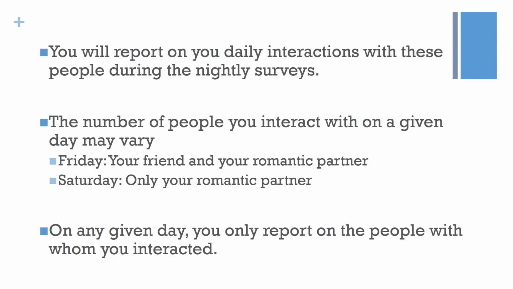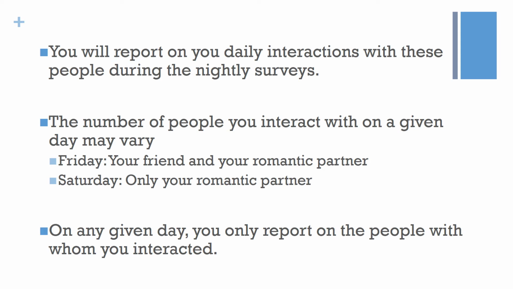So, each night you will receive an email to remind you of your survey. The email will provide a link that you may click on to access your daily diary survey for that night. In the survey, you will be reporting your interactions with the two people you choose in the baseline survey. However, we understand that on some days you may not interact with both of them.